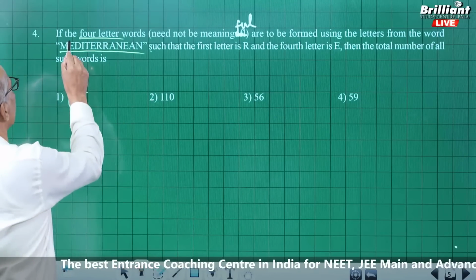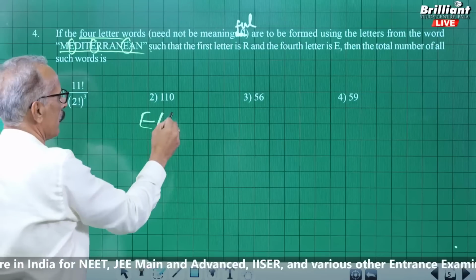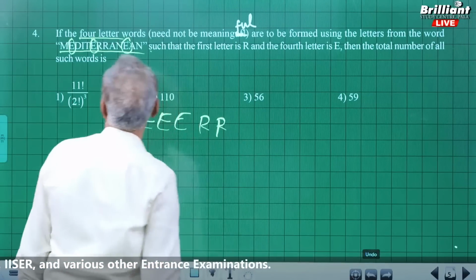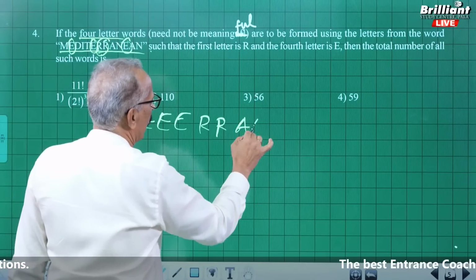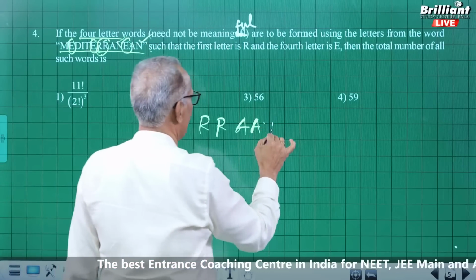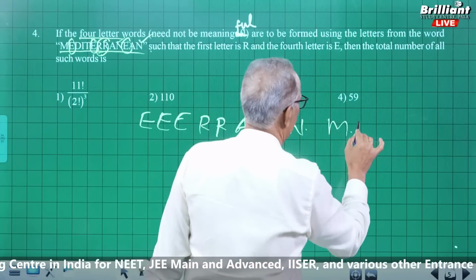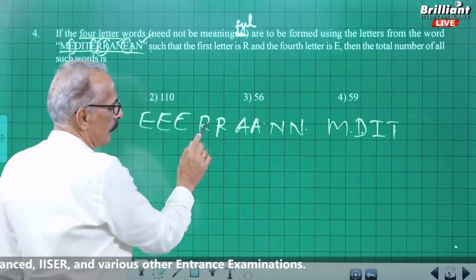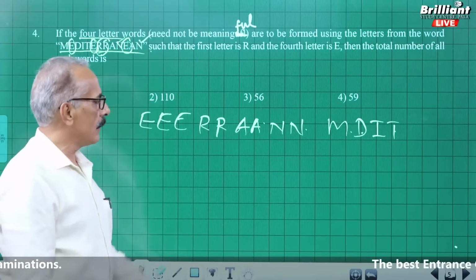Mediterranean means here is an E, an E, an E, then R, R, two R's there, then A, then N, N. What else is there? There is an M, a D, an I, a T. So 13 letters are there.